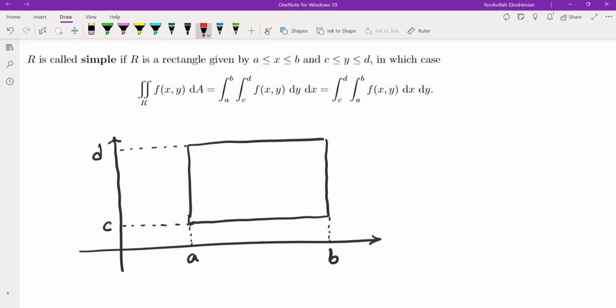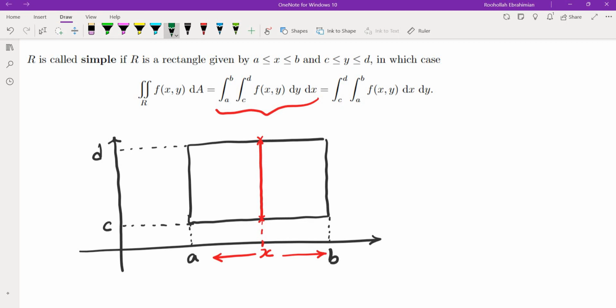So if you look at a fixed x, the limits of y are from here to here, and then x ranges from a to b. So this one gives us the first integral.